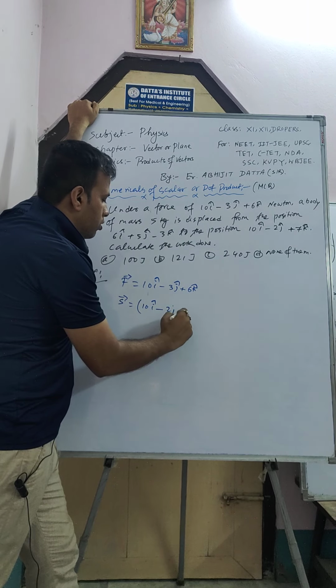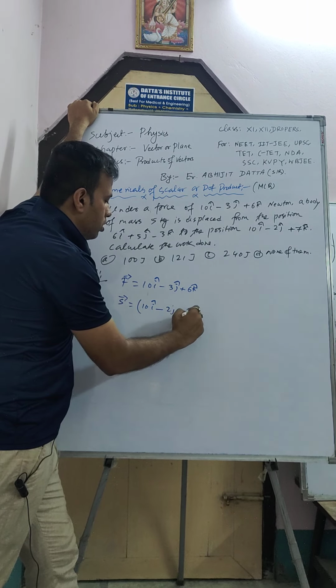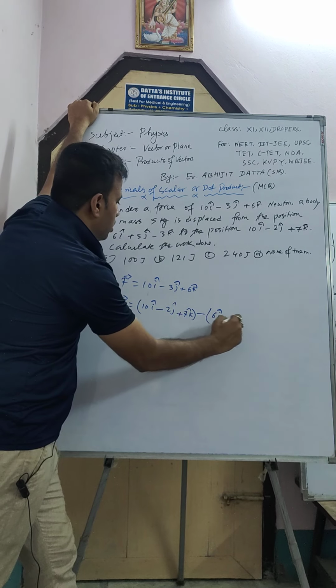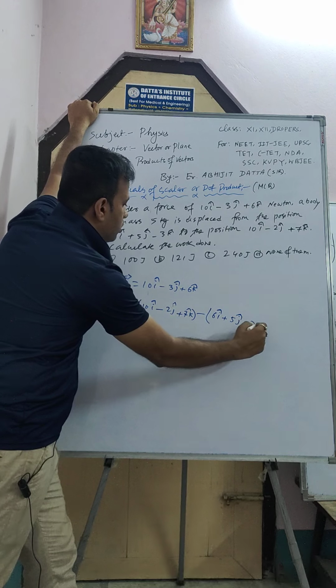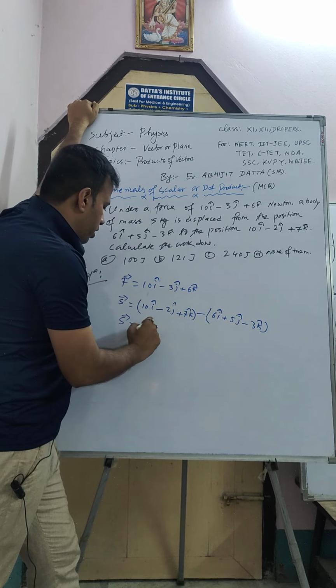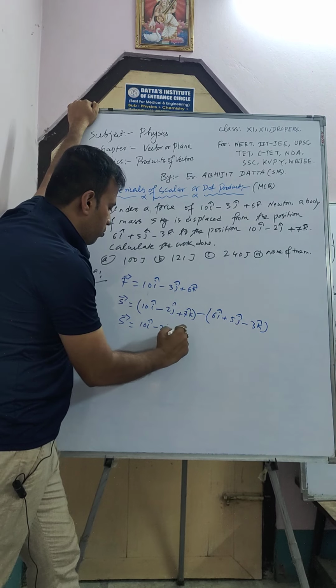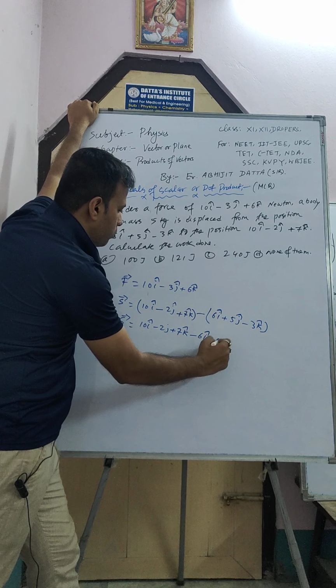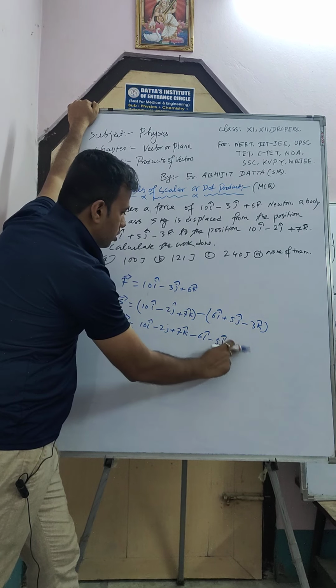2y displacement vector. This one minus 6i 5j minus 3k. S vector equals 10i minus 2j plus 7k minus 6i minus 5j plus 3k.